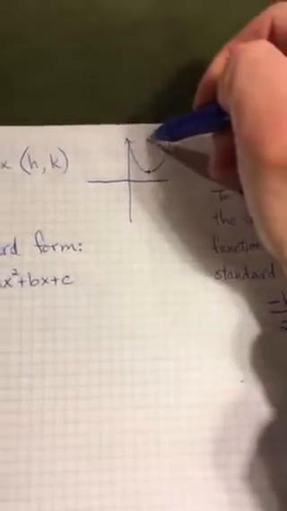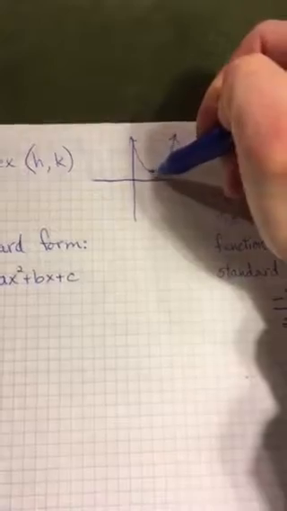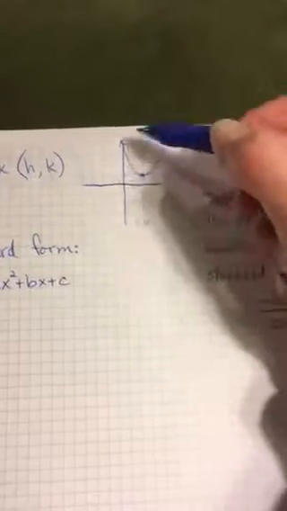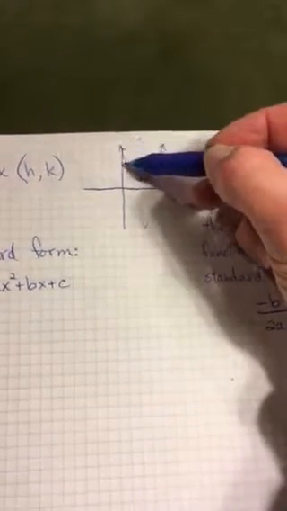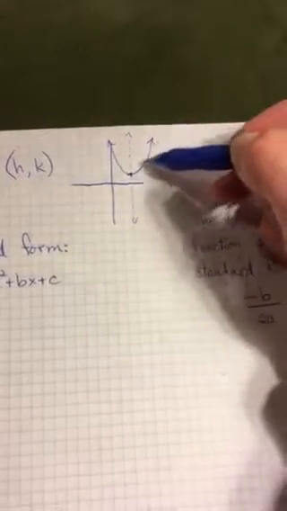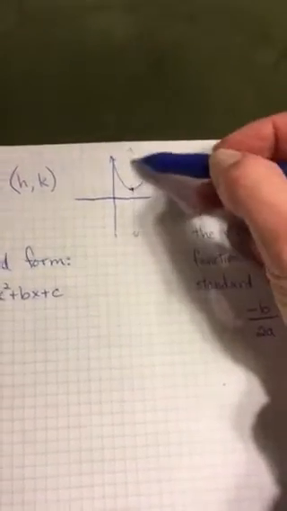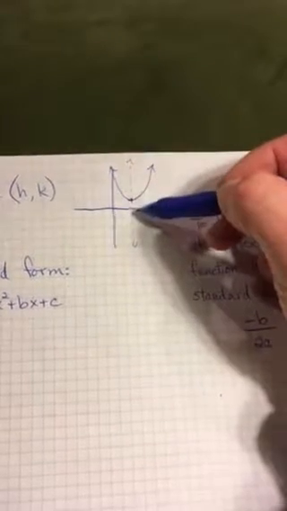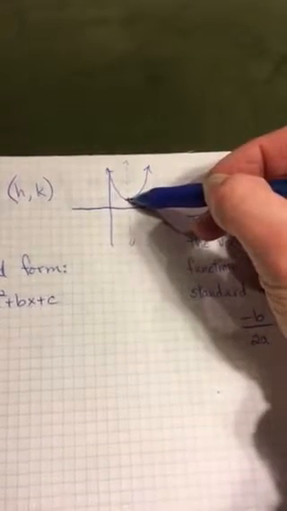The axis of symmetry is going to come right down the center, right? So if we were to fold along this axis of symmetry, then this left side of the parabola would match up perfectly with the right side of the parabola. The axis of symmetry always goes right through the parabola, through the vertex.